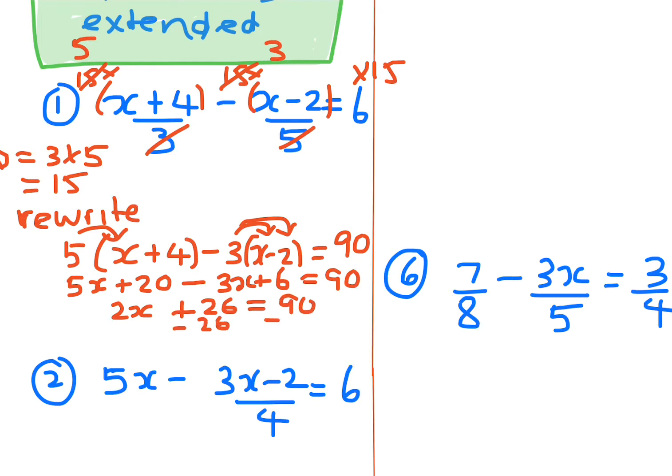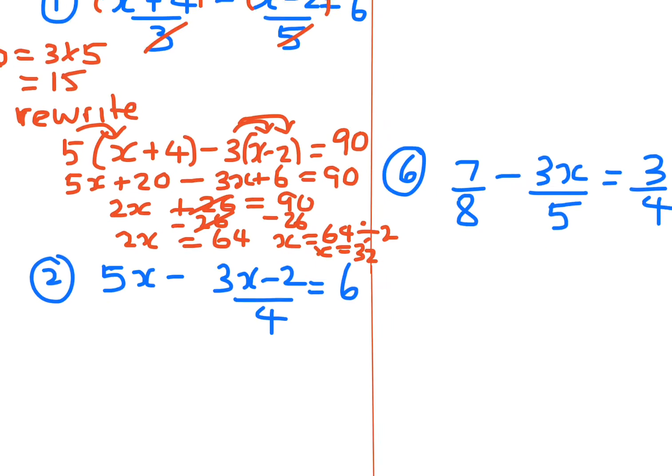And then we're going to get rid of the 26, so do the opposite sign. 90 minus 20 is 70. 70 minus 6 would be 64. And then just divide by 2. 64 divided by 2, which will be 32.